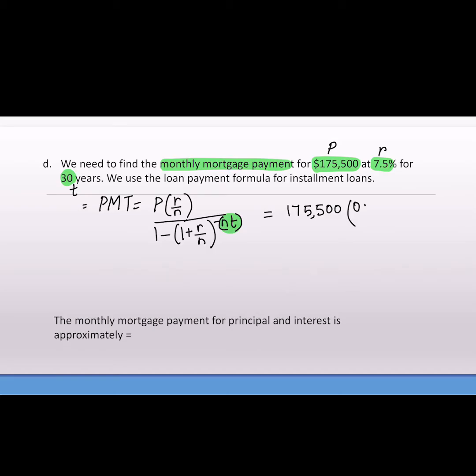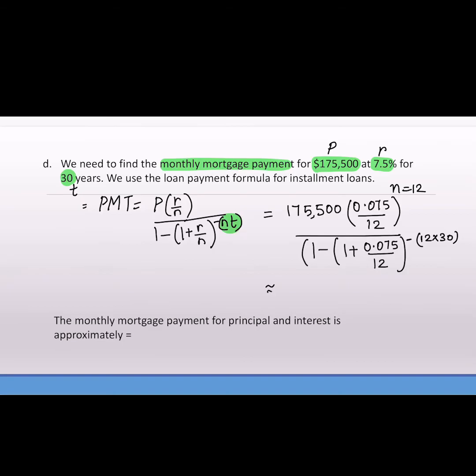Remember, rate is always in decimal, 0.075. N value, I am paying mortgage every month, so my N value is 12. For mortgage, you don't have to even think about your N value because you will be paying every single month. 1 minus (1 plus, my rate is 0.075. That's quite a high rate. Over 12) to the power of negative 12 times 30.